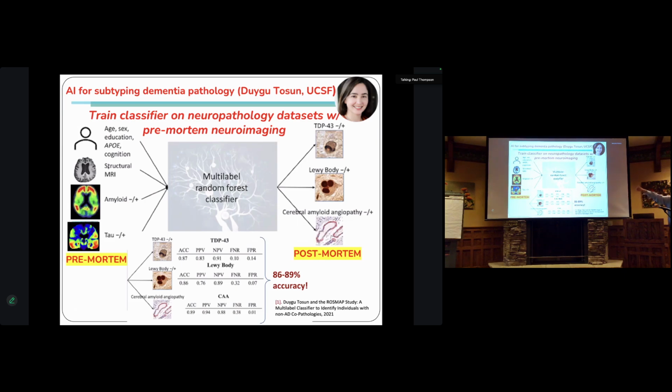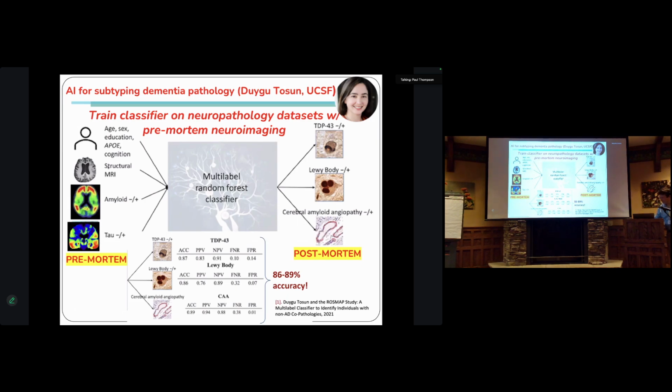If we only have multimodal imaging when they're alive, we'd like to say, do they have amyloid or Lewy bodies? Lewy bodies are present in Parkinson's disease, or TDP43, which is a tau pathology. This is an N-way classifier, with about 86 to 89% accuracy. The reason you do this is that amyloid trials only want the people here. They don't want to treat people that have a different pathology.